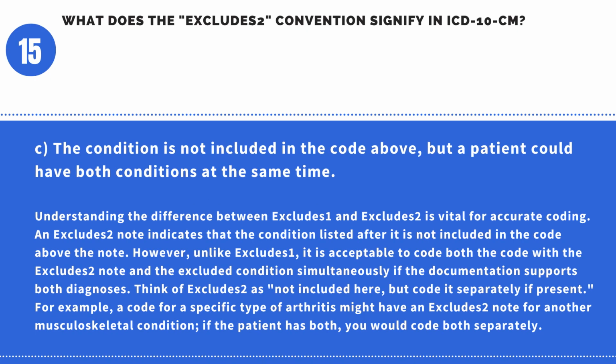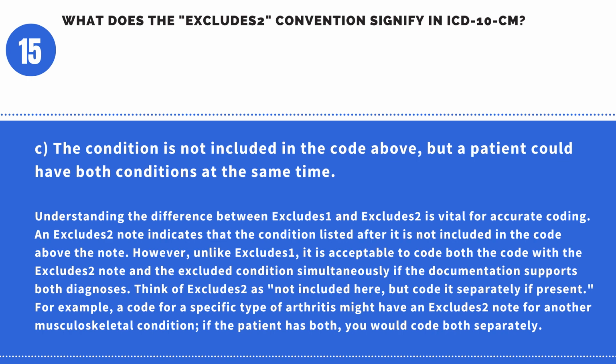Answer: C. The condition is not included in the code above, but a patient could have both conditions at the same time. Understanding the difference between Excludes1 and Excludes2 is vital for accurate coding. An Excludes2 note indicates that the condition listed after it is not included in the code above the note.